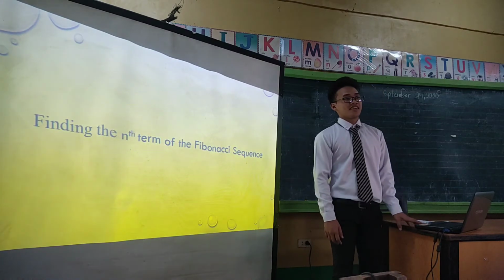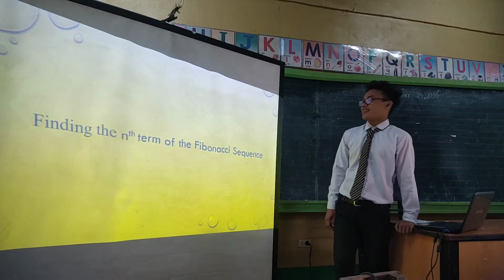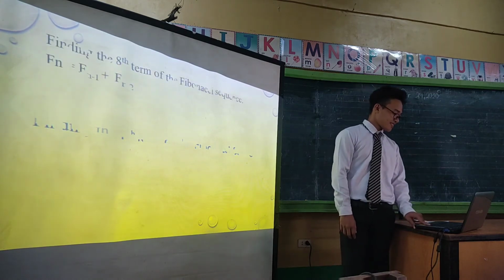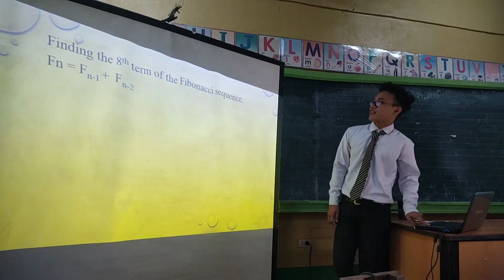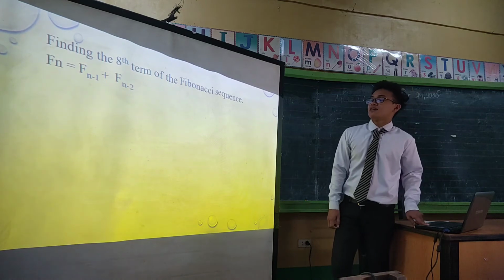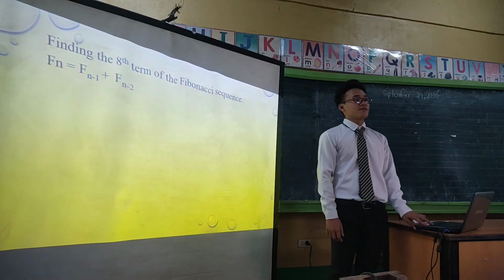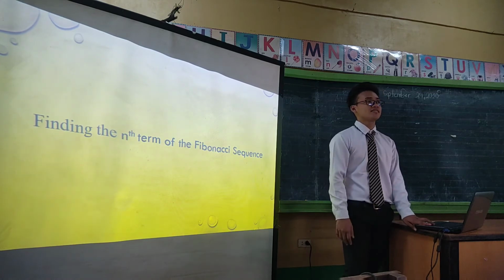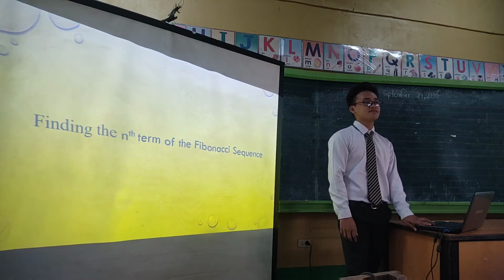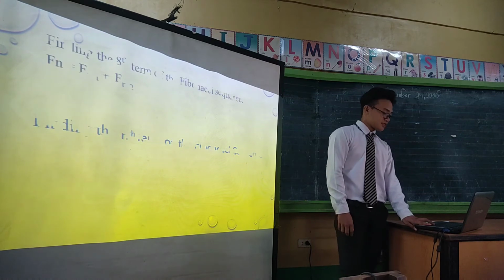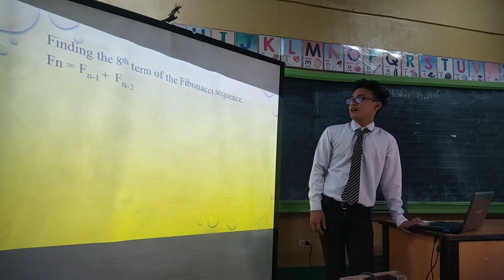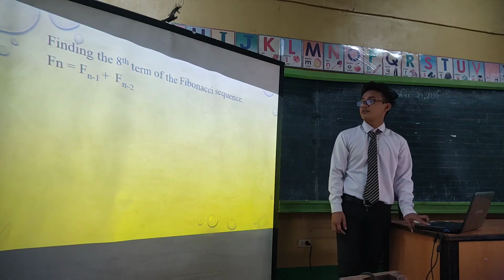Now, let's move on. Finding the nth term of the Fibonacci sequence. So, we choose the 8th term of the Fibonacci sequence. Who can give me the formula again? Okay, Miss Cubs, again. Thank you. So, our formula is Fn is equal to F sub n minus 1 plus F sub n minus 2.